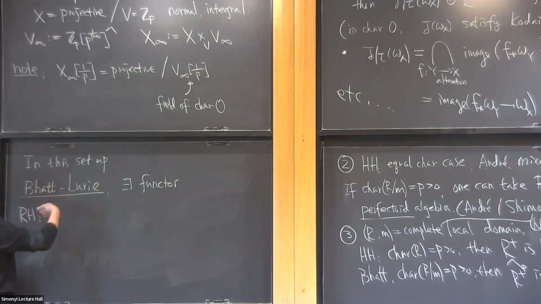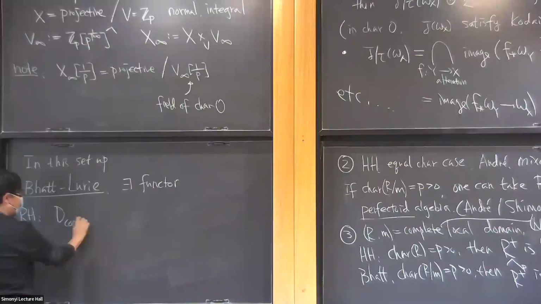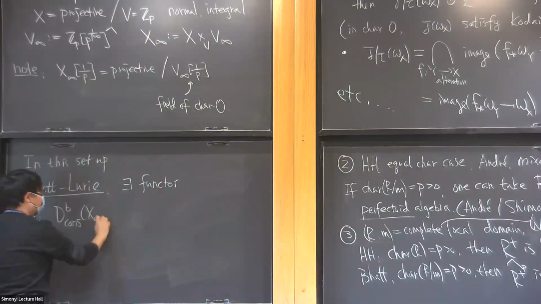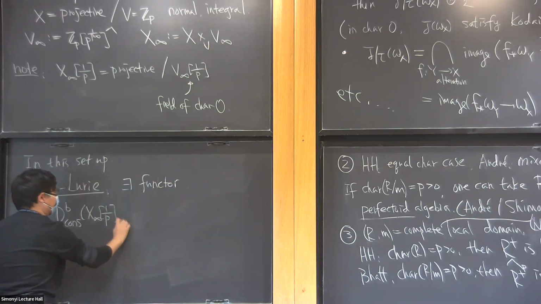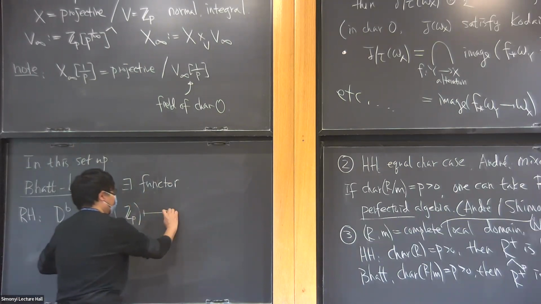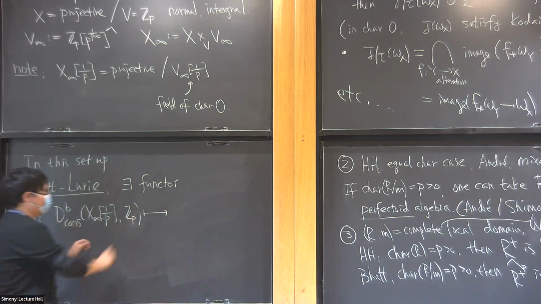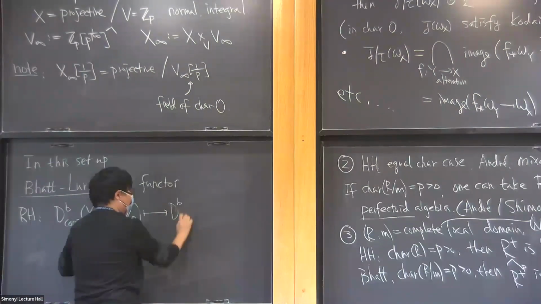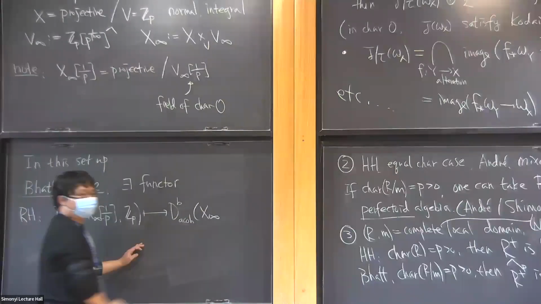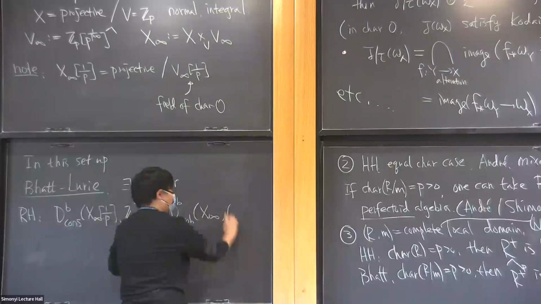All we're going to need for this theory is that it takes bounded constructible sheaves on this generic fiber with Z_p coefficients, and its value lands inside the almost coherent complexes on the perfectoidization of this X infinity.